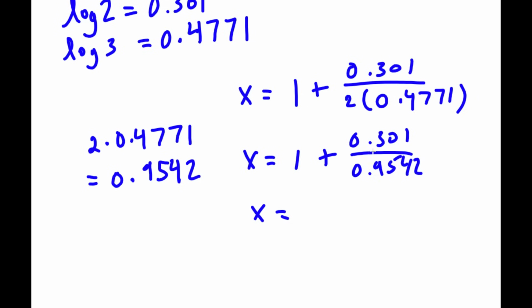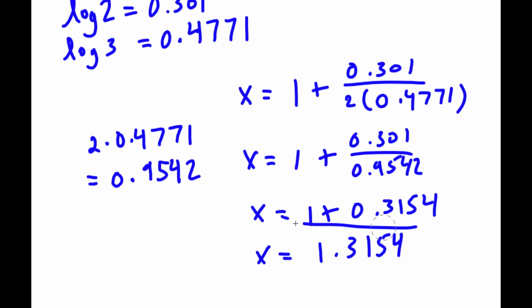Now I'm going to simplify 0.301 over 0.9542. So this is equal to 0.3154. So 1 plus 0.3154 is simply 1.3154. So x is equal to 1.3154.